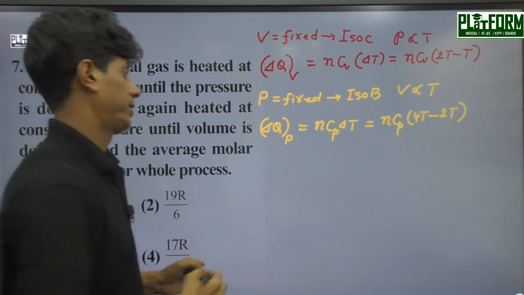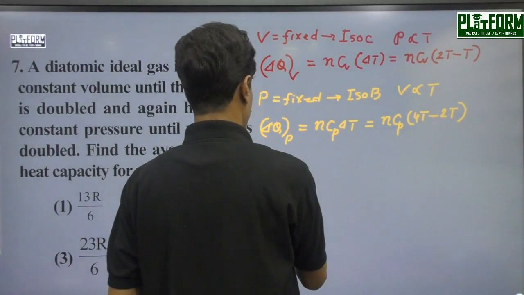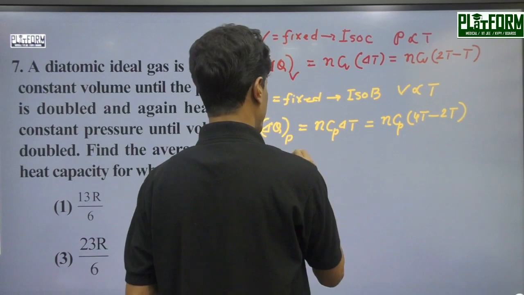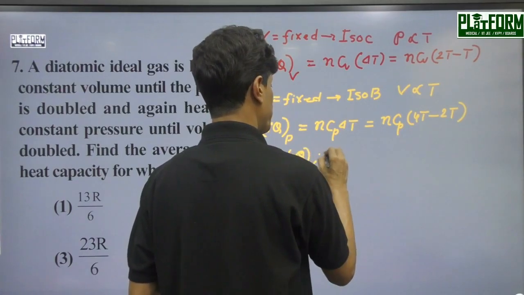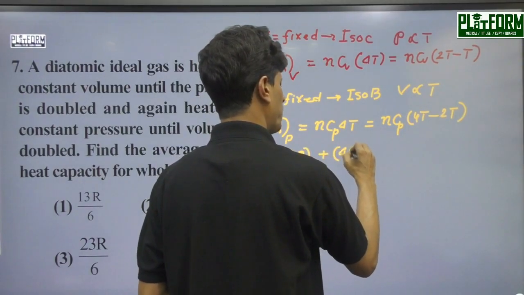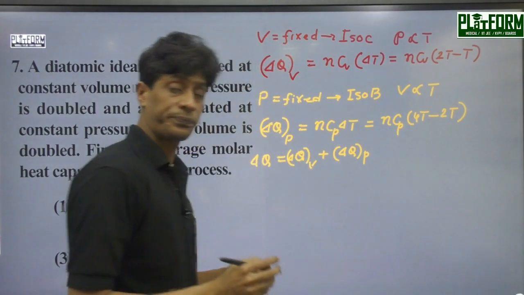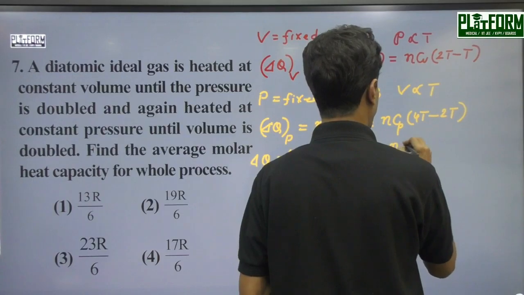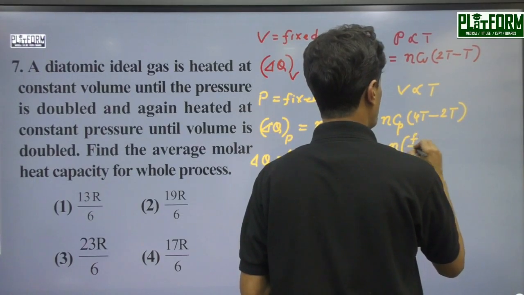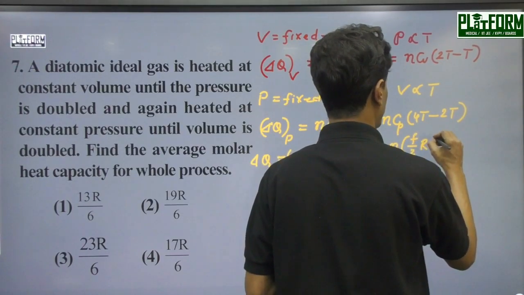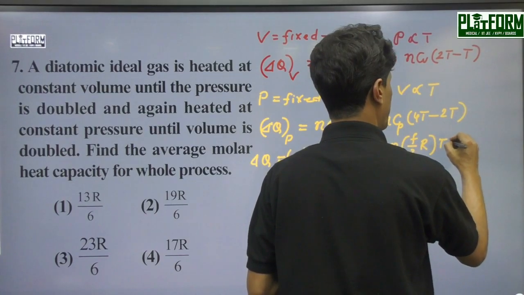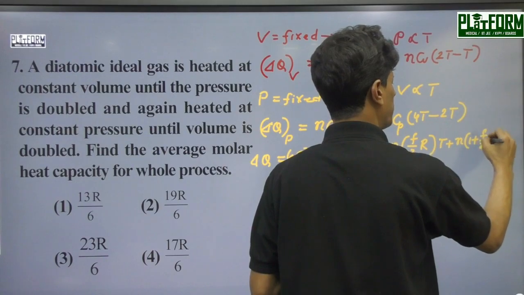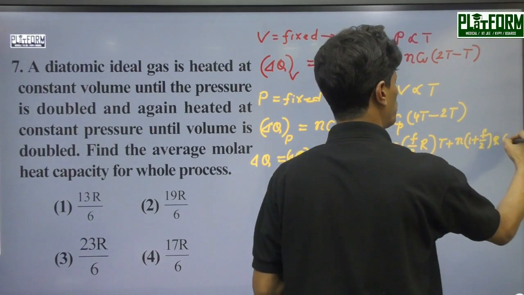So the total heat in this process is delta Q at constant V plus delta Q at constant pressure, and we can say n f by 2 R T plus n (1 plus f by 2) R into 2T.